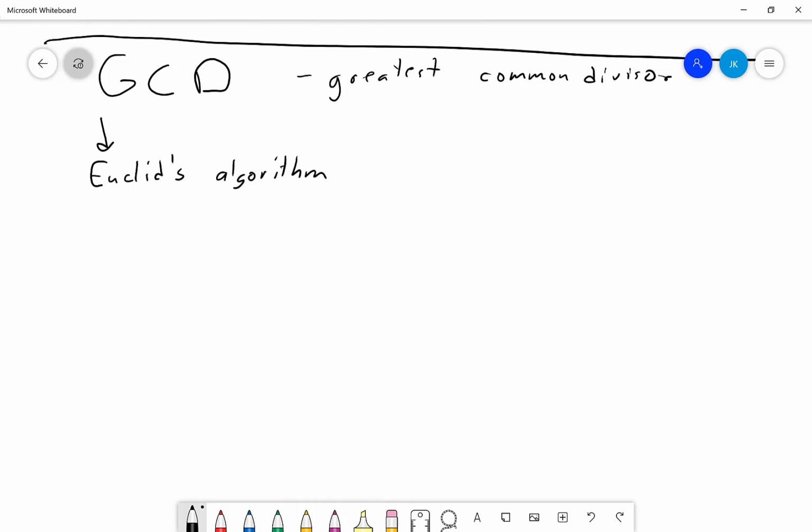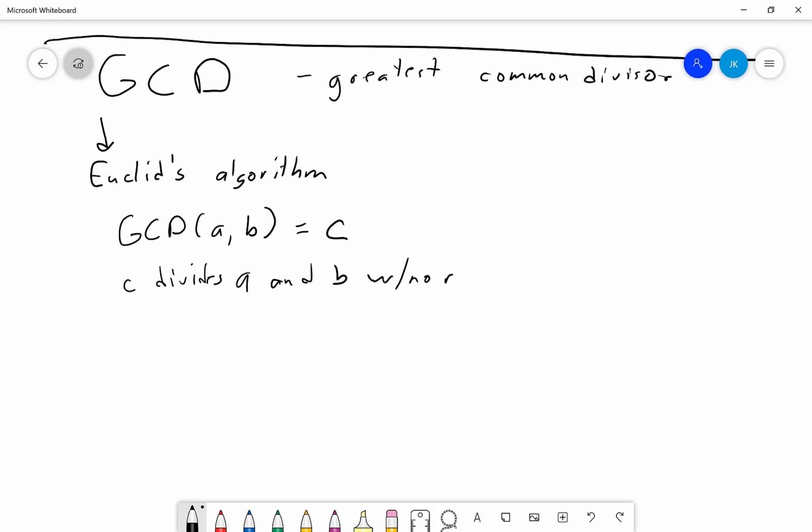But the idea of the GCD, or using Euclid's algorithm, is that if you have GCD of A and B, and you get some result, I'll call it C. If C is the GCD of those, then what that means is that C divides A and B with no remainder.